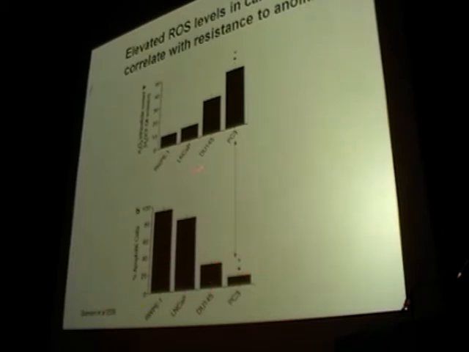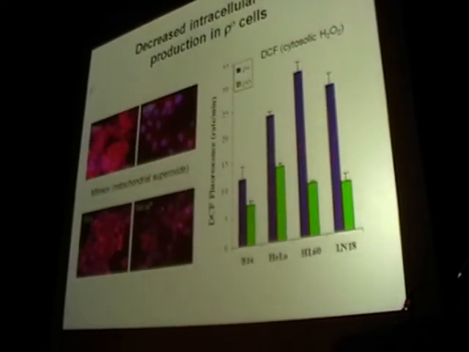And this has been looked at in other cells, and ROS had been associated with this process of detachment-induced apoptosis or reversal of this. So we looked at the intracellular ROS production in these row 0 cells using a MitoSOX marker. The row 0 cells, as we would have expected, produced very low amounts of reactive oxygen species.